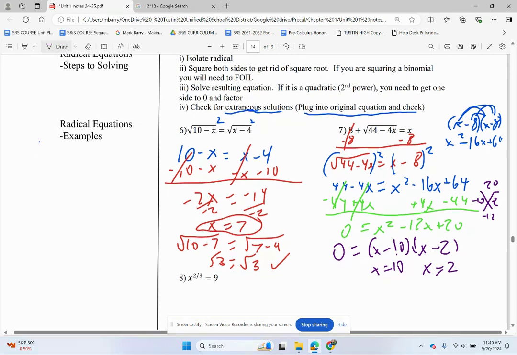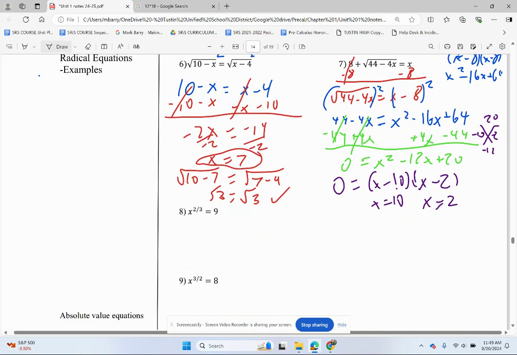Now again, I do need to double check these in the original equation to make sure they still work. So I'm going to go ahead and do that. So I'll do 10 first. So I'm going to say 8 plus, and I'm going back to that original equation before I moved the 8, the square root of 44 minus 4 times 10, and that's supposed to equal x, so I'm going to put equals 10 since I'm plugging in 10 right now.